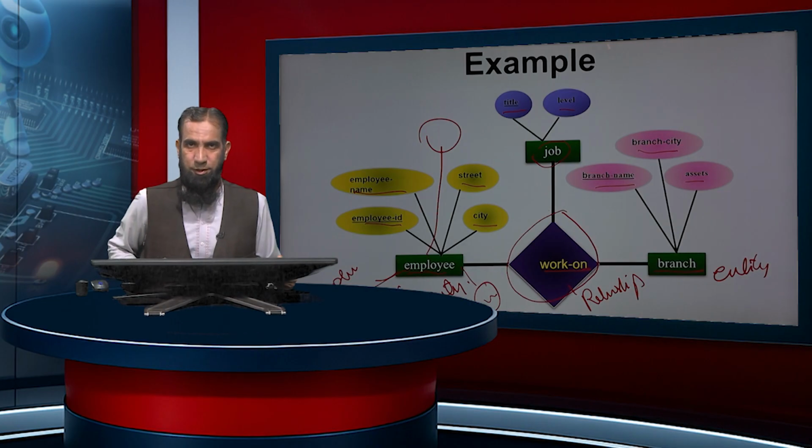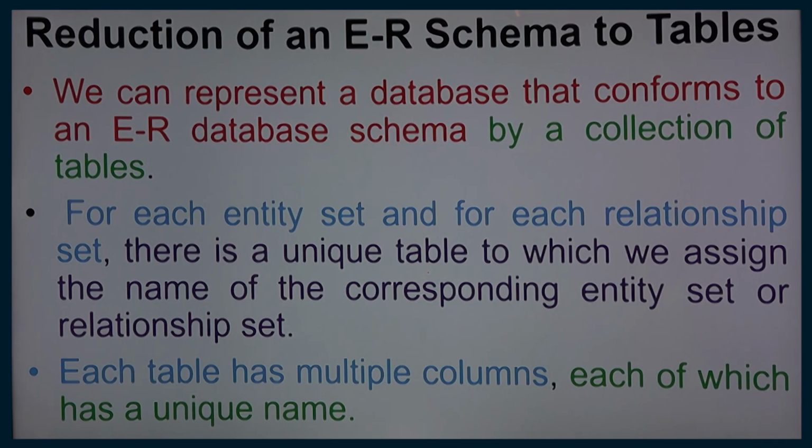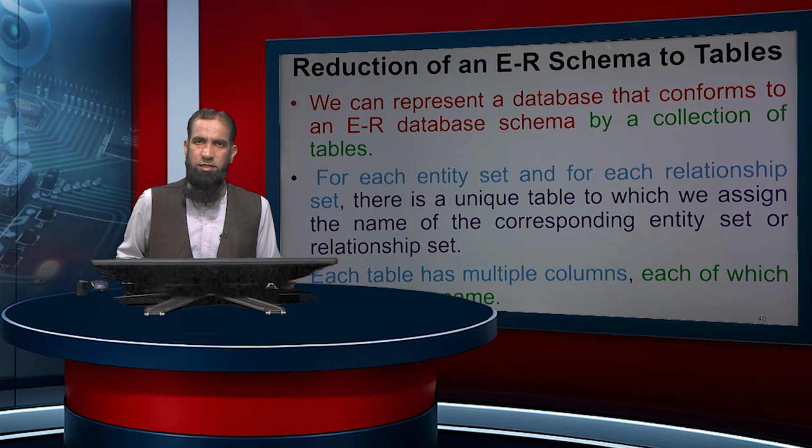We can represent a database that conforms to an ER database schema by using a collection of tables. For each entity set, we create a unique table. The table is given the same name as the entity set or relationship set it represents. Each table is made up of columns, and every column has a unique name.